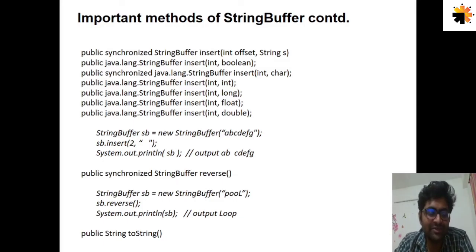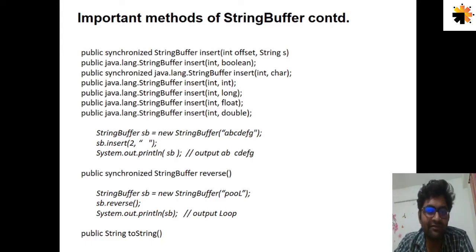So sb dot insert of 2 comma space. So space is inserted at second position. So system.out.println, if I give sb, it is taking a space at second position. So by using an insert method, I can insert the character at a particular position.